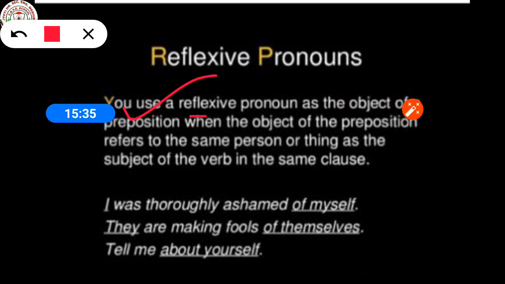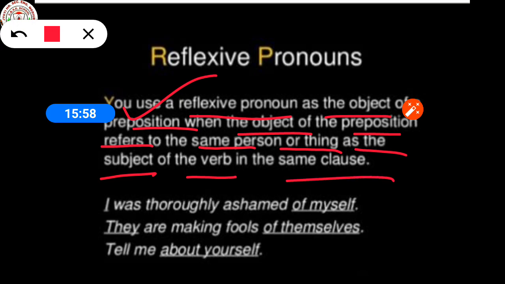You use a reflexive pronoun as the object of a preposition when the object of the preposition refers to the same person or same thing as the subject of the verb in the same clause.